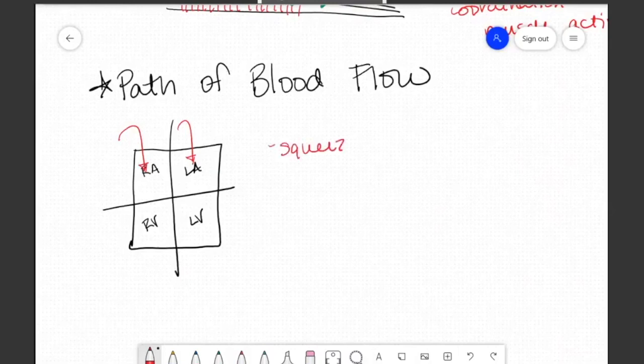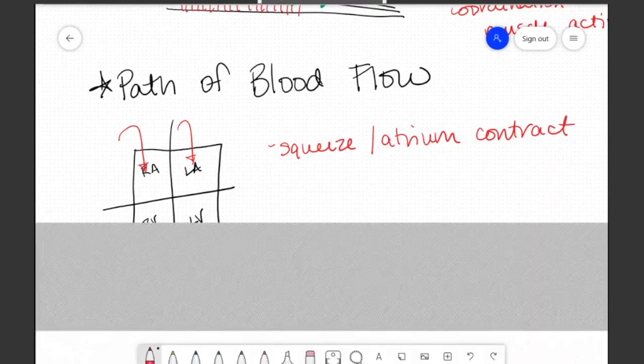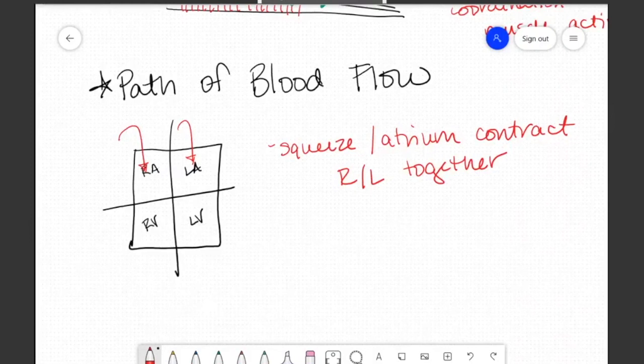Then what's going to happen is, step one, it's going to squeeze, or the atrium will contract. Notice I said atrium, so it will be your right and left together. And if you have your right and your left atrium, blood comes in, you squeeze this, blood will go down at the same time.